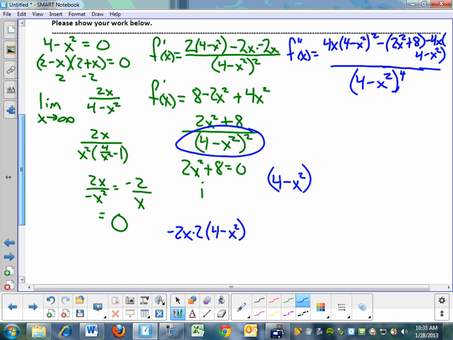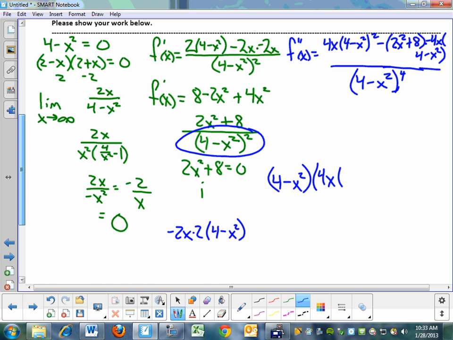I'm going to take that 4 minus x squared out, and I'm left with 4x times the 2x squared plus 8, times a negative 4x.